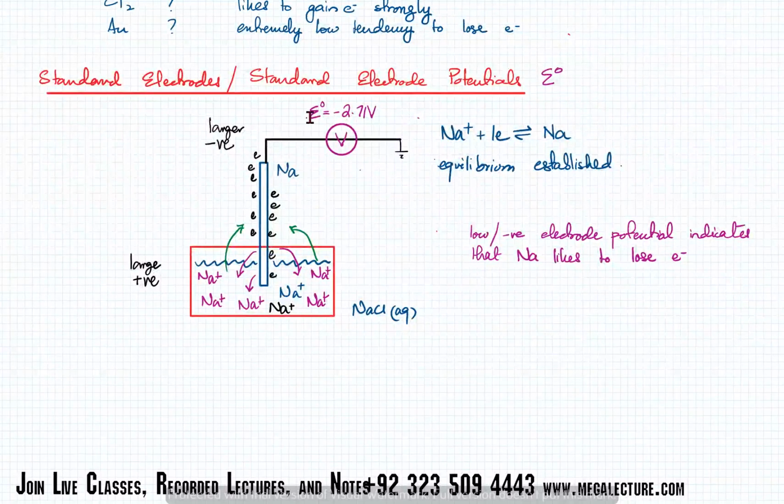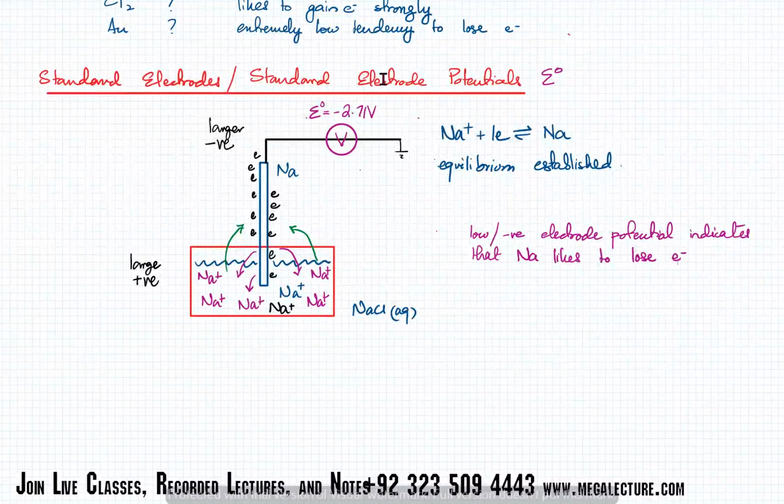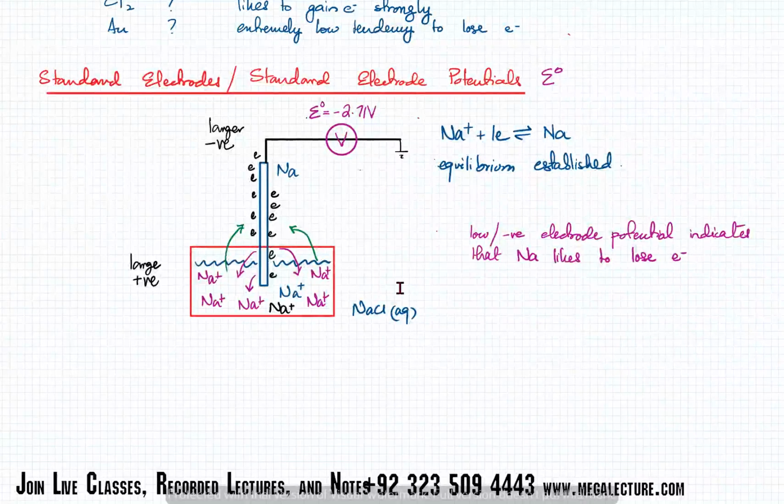So what is the potential telling us? It's telling us what sodium wants to do. A negative potential indicates that it wants to lose electrons. A larger negative potential indicates that it wants to lose electrons a lot. So if I replace sodium with potassium, like if the whole electrode was made of potassium, would you have a lower or a slightly higher potential compared to this one? Is sodium more reactive or less reactive?